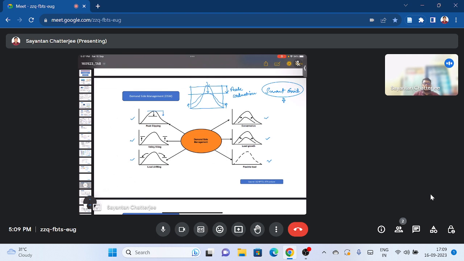So we can cut the peak of the load. This is peak shaving, and similar is valley filling. By shaving the peak, if the curve is raised in the valley, this is called valley filling.